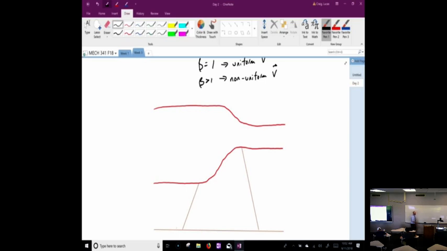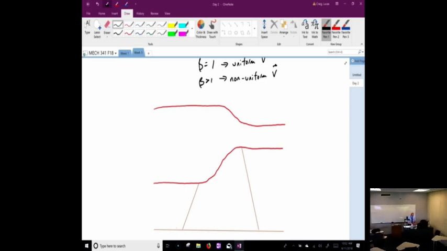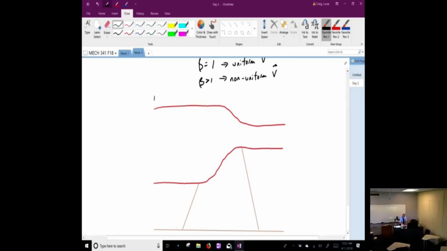So, first thing you need to do is make a control volume. Draw it right over the system. And I'm going to do some givens here for you.